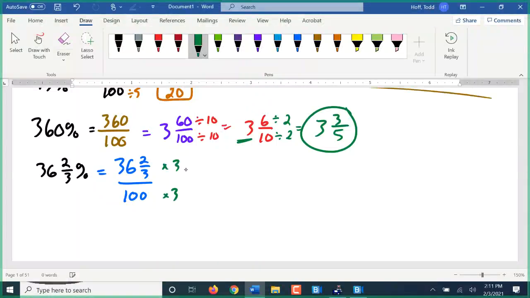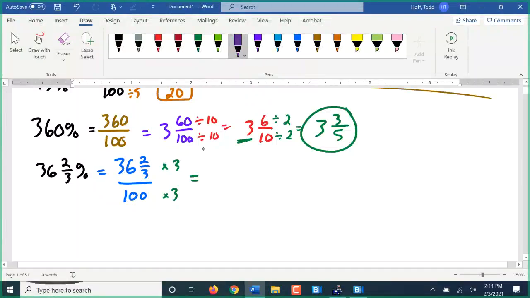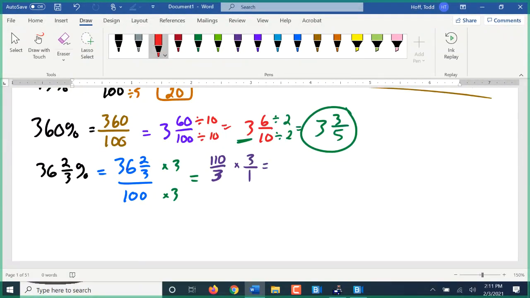Multiply each of those 2 numbers by 3, and it'll get rid of the fraction. 36 2/3 times 3, well, I have to make it an improper fraction. 36 times 3 is 108, plus 2, that's 110 thirds, times, if we multiply by a whole number, 3 over 1. We can cross cancel the 3's. 1 and 1, right?